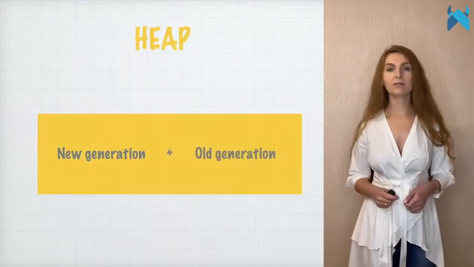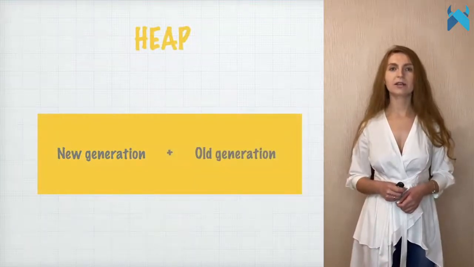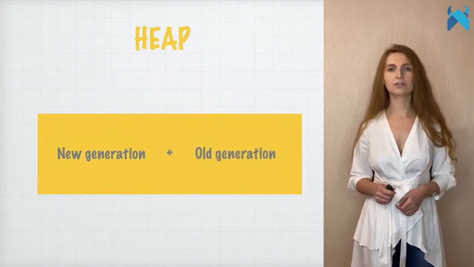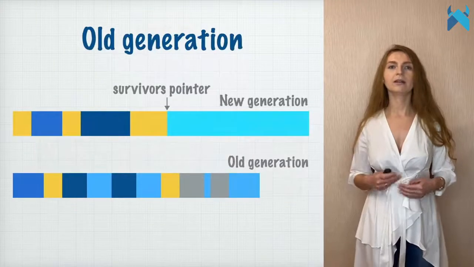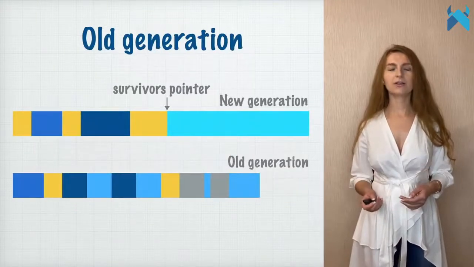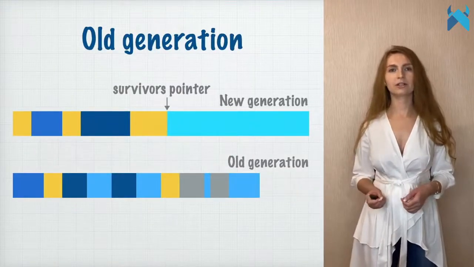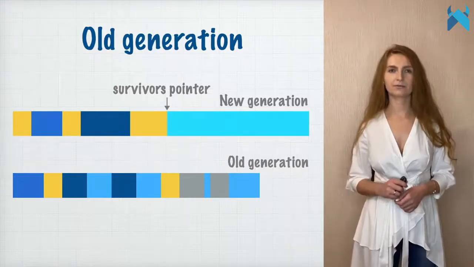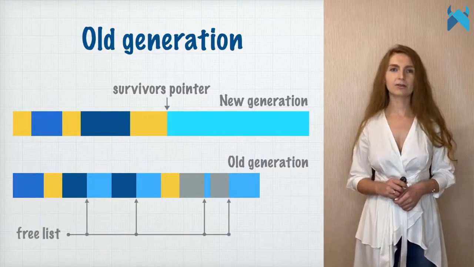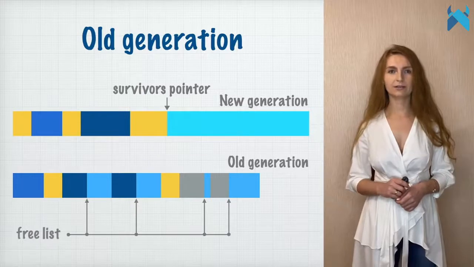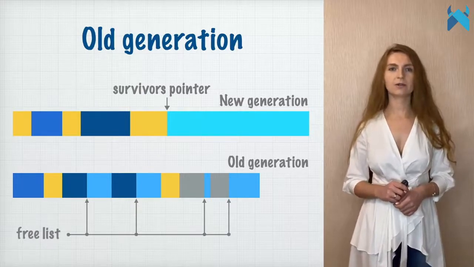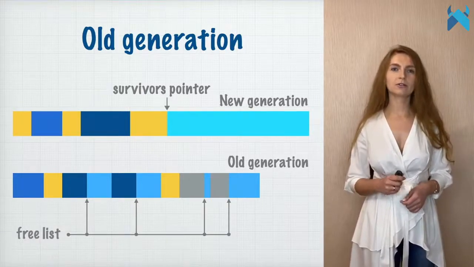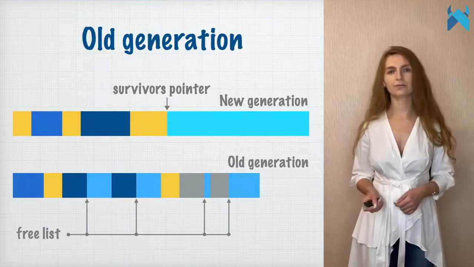By now we have already discussed several scenarios when objects get into the old generation. The most common cause is by surviving 2 or more garbage collections in the young generation. Each scavenger worker has its own local free list, from which they take space when promoting objects from the new generation to the old generation.